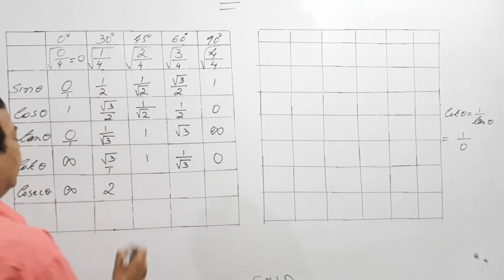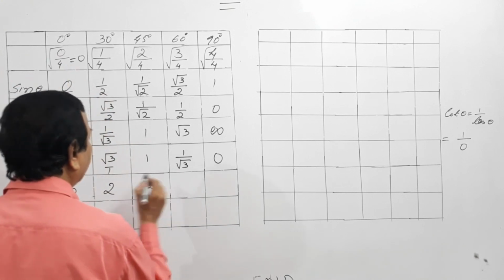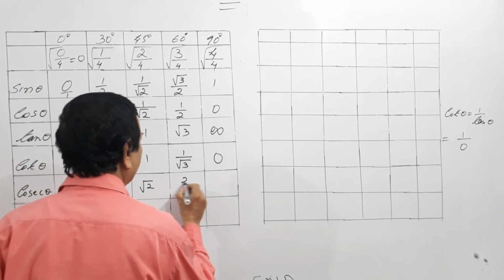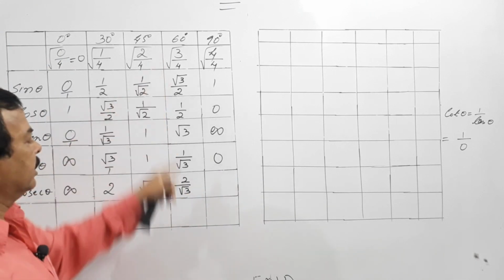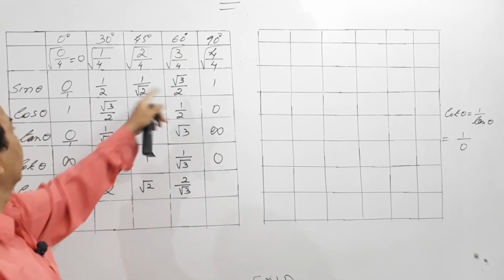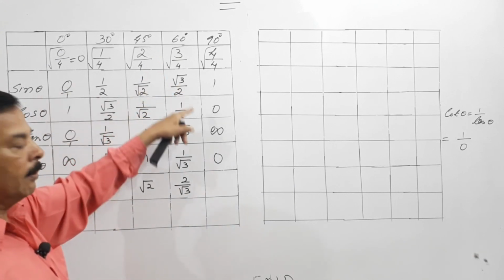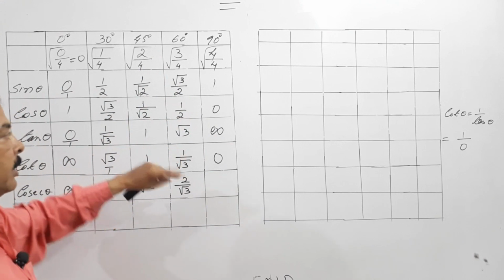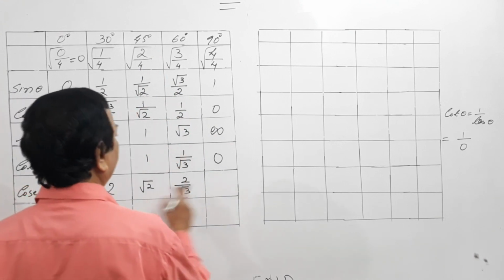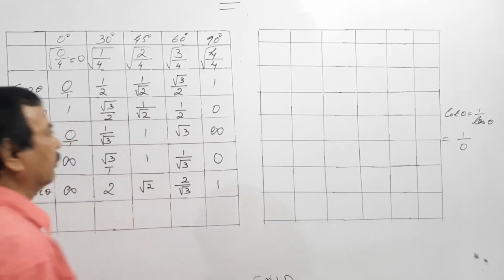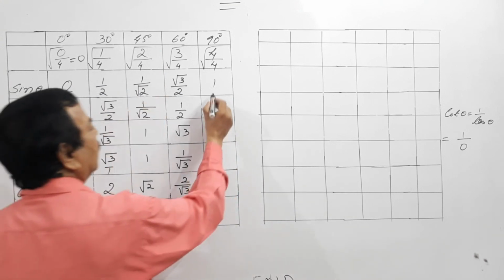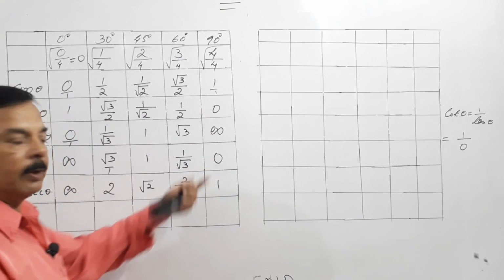Reverse it, and this becomes root 2. And this becomes 2 by root 3. So cosecant 60 is 2 by root 3. But here sine 60 is root 3 by 2. But here this becomes opposite. So reciprocal of this, this is 1 itself. 1 divided by 1 is 1.